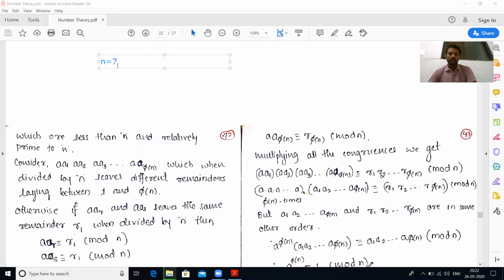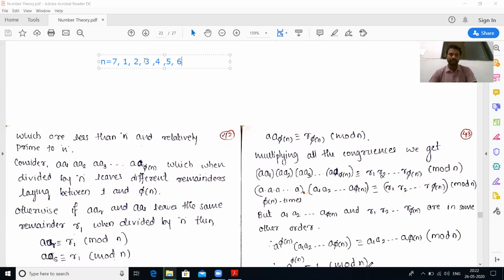Then the numbers less than 7 and relatively prime to 7 are all the numbers from 1 to 6. So a1 equals 1, a2 equals 2, a3 equals 3, a4 equals 4, a5 equals 5, and a6 equals 6.